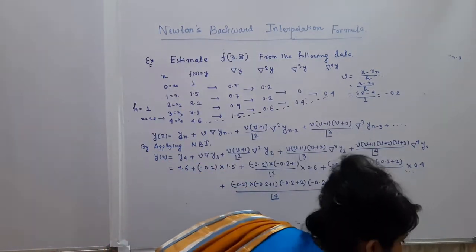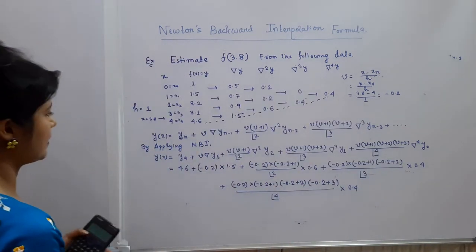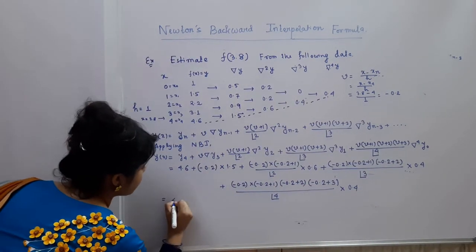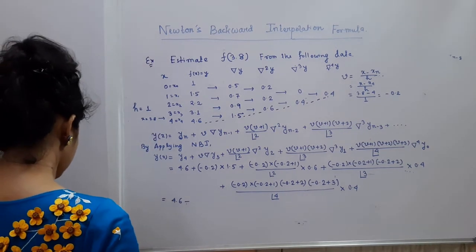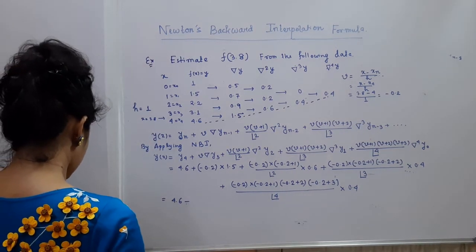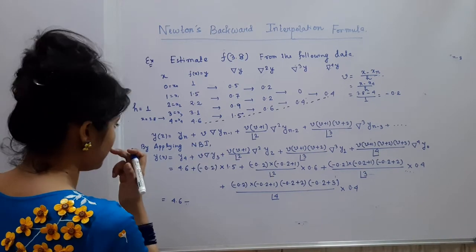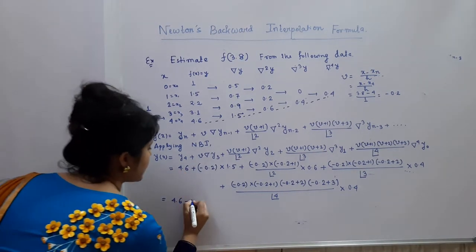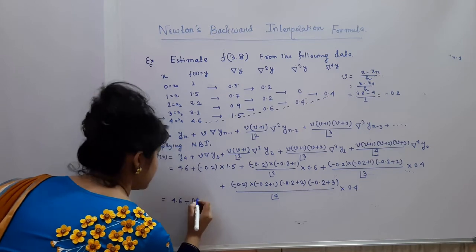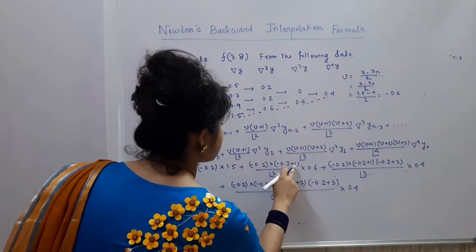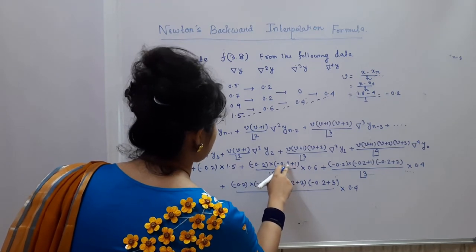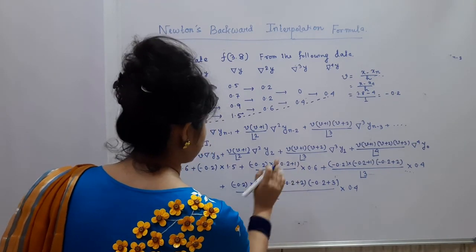So I have substituted all the values. Now I have to calculate them. So therefore this is 4.6. This is 0.2 into 1.5. So be careful whenever you are going to calculate this. So this is obviously 0.3, and here this is minus, and this is again plus. Okay.